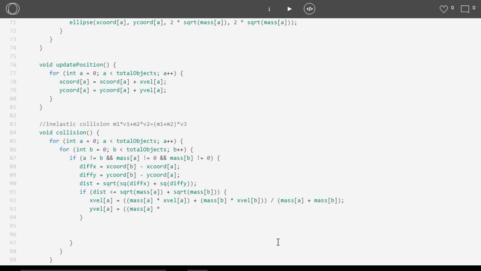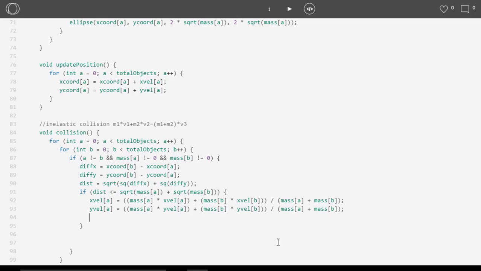The mass of A times the y velocity of A plus the mass of B times the y velocity of B divided by the mass of A plus the mass of B. Blam! Inelastic collision.